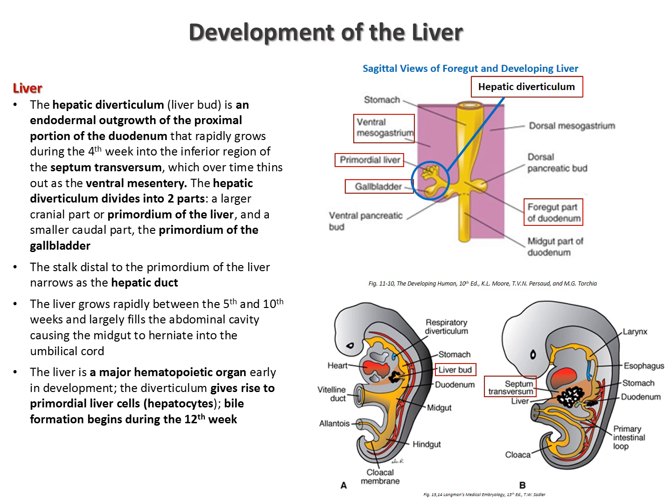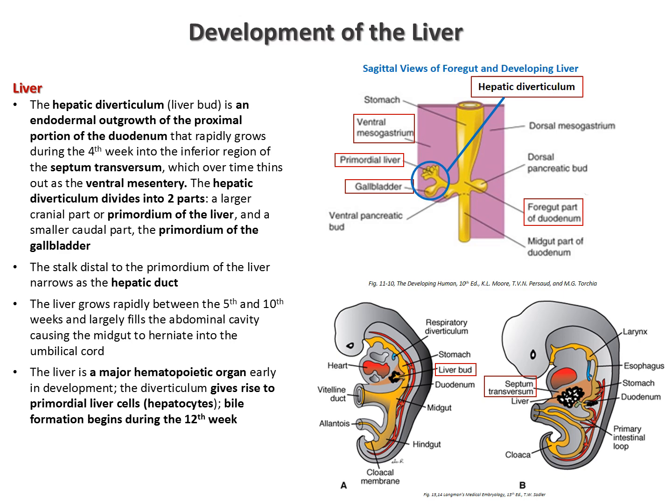The hepatic diverticulum divides into 2 parts, a larger cranial part representing the primordium of the liver, and a smaller caudal part representing the primordium of the gallbladder. The stalk distal to the primordium of the liver narrows as the common hepatic duct.